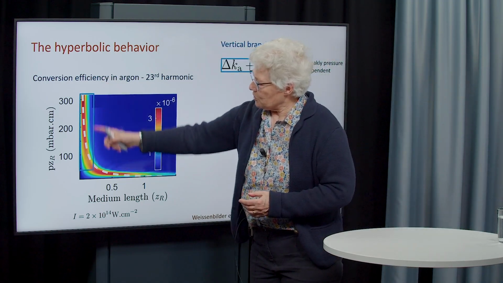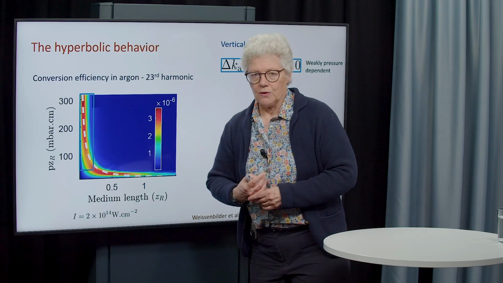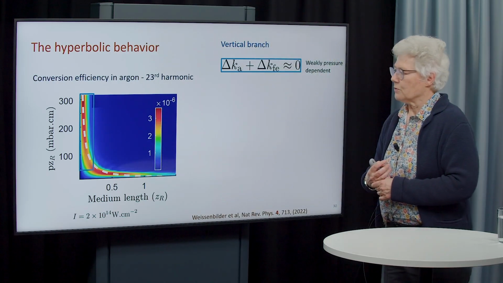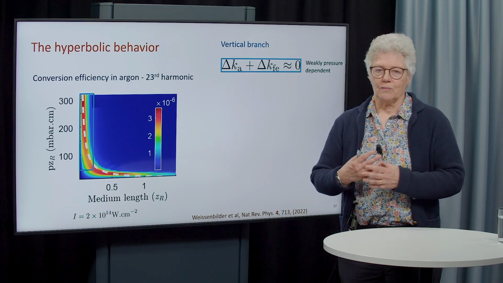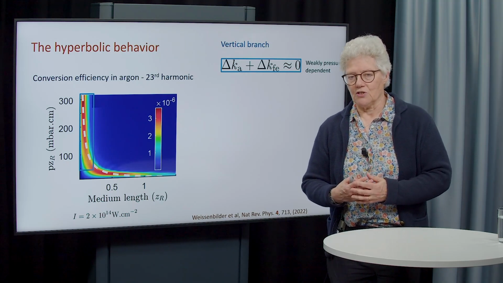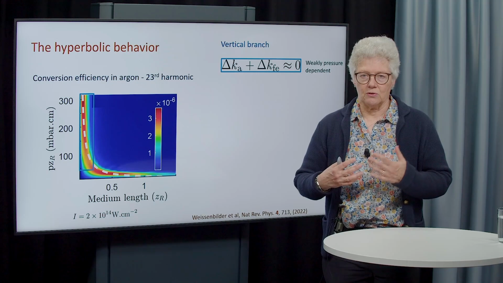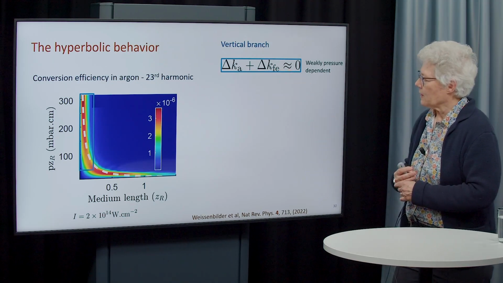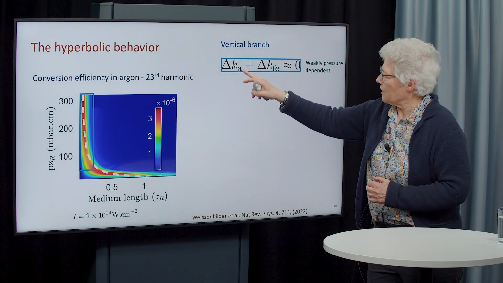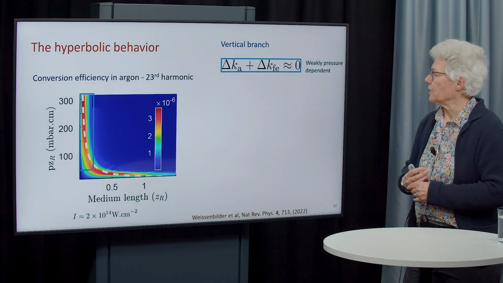The vertical branch of this hyperbola corresponds to conditions where phase matching is achieved in a transient way, and where what matters is the amount of free electrons in the medium.